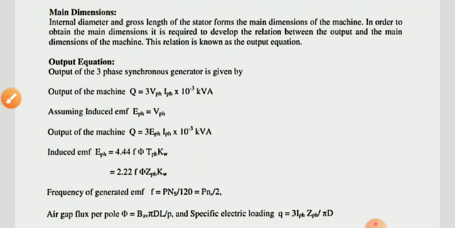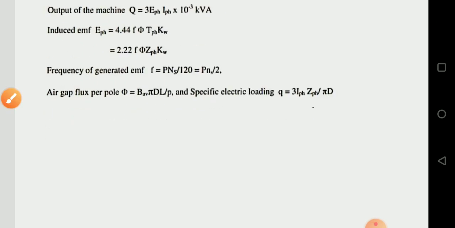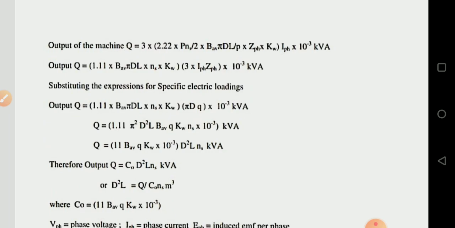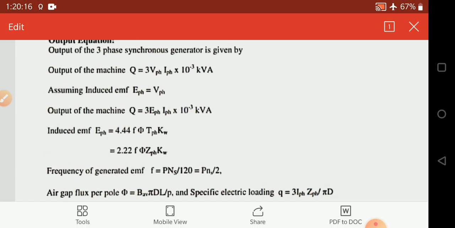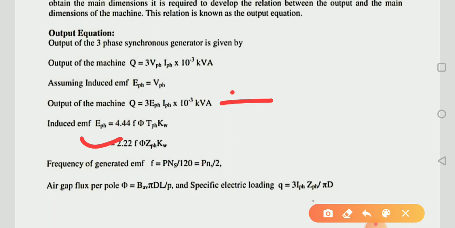These are the formulas we derived in the first topic. So now the output equation becomes Q equals 3 into 2.22 into Pn upon 2 into BAV pi d L upon P into ZPH into kW into IPH into 10 to the power minus 3 kVA, because we have put the value of EPH in this equation.